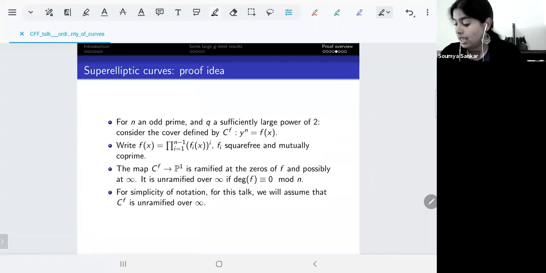Okay, and so for simplicity of notation for this talk, we will assume that C_f is unramified over infinity. All of this works even if it's ramified over infinity, it's just cleaner to state it in this case. There are analogs for being ramified over infinity.